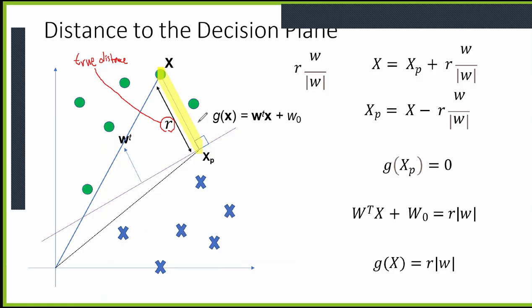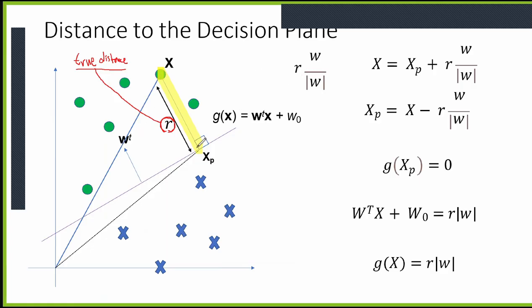So basically, the displacement vector from xp to x would be, we not only need this r term, but also we need the direction, which, as we discussed earlier, is dictated by the normal vector, which is w.